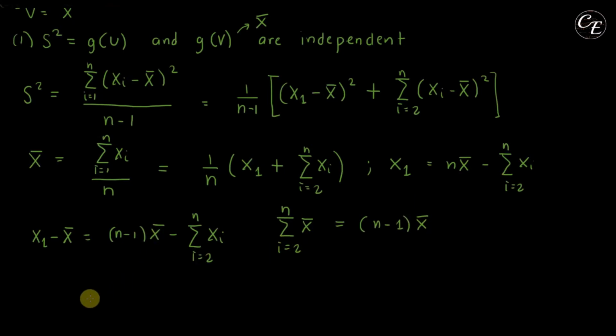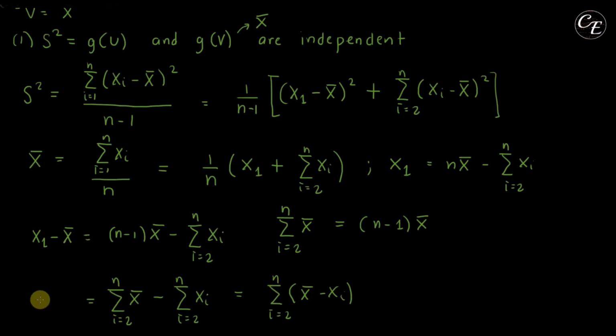So we have the summation of x bar from i equals 2 to n minus the summation of x sub i from i equals 2 to n, which we can rewrite as the summation of x bar minus x sub i from i equals 2 to n. So this is x1 minus x bar.